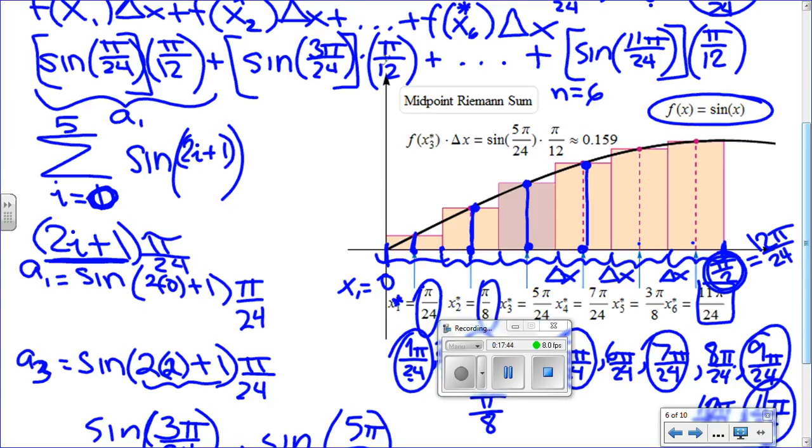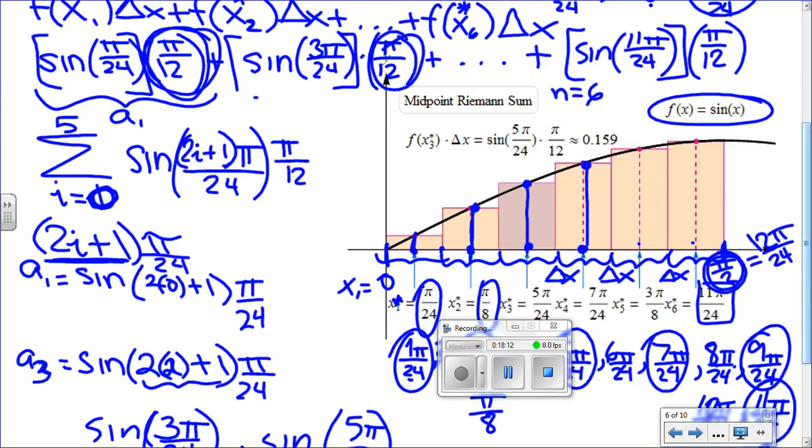The other one here. We're just going to use our fraction tool. And then what else? The function times delta x, which is pi over 12. And that one is constant for all of them. There's the width of the rectangle. Like that. So that will work.